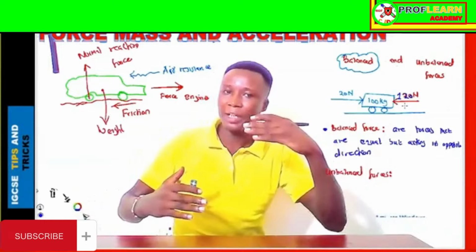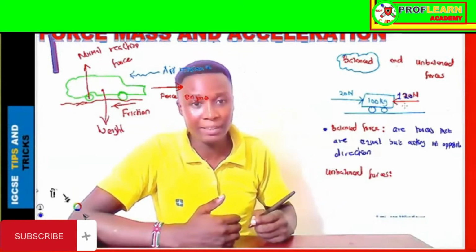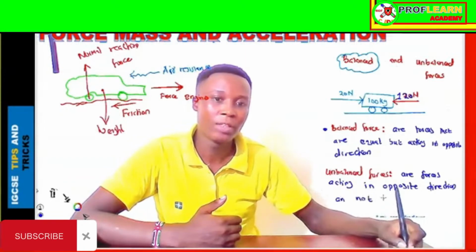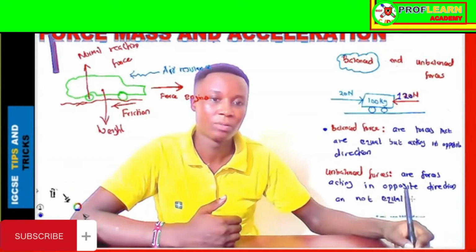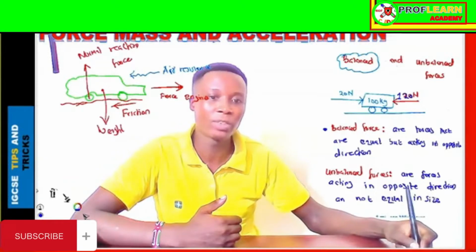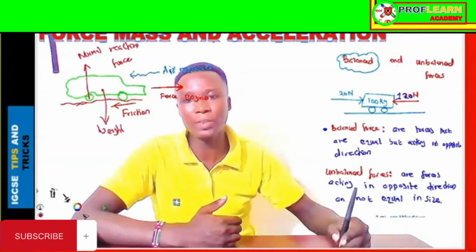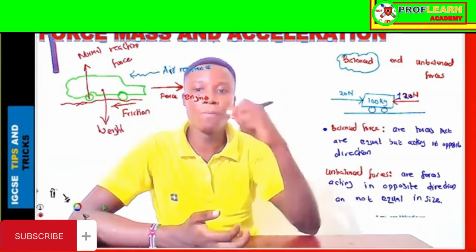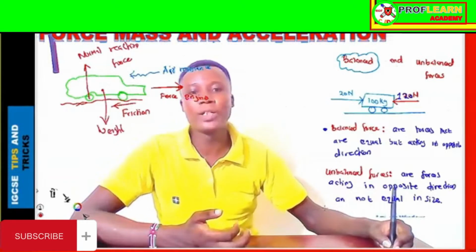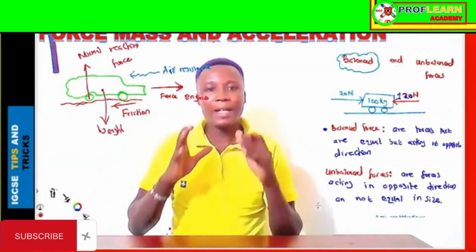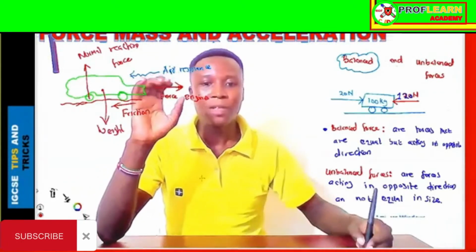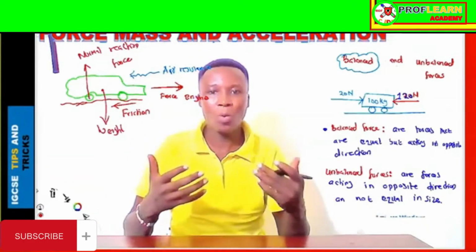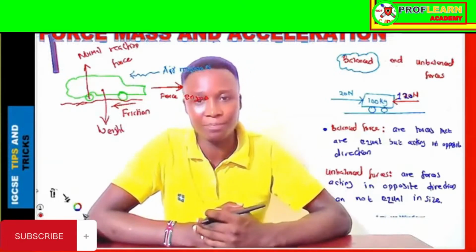So the two forces are now unbalanced, not equal in size. That's the key point. These two forces are acting in opposite directions and at the same time they are not equal in size. What you need to remember is that when you have unbalanced forces acting on an object, the object can accelerate. Unbalanced forces are the ones that make objects accelerate.